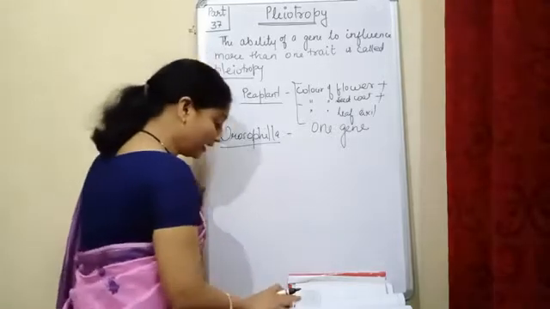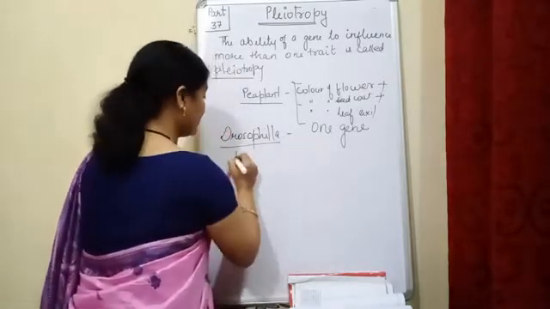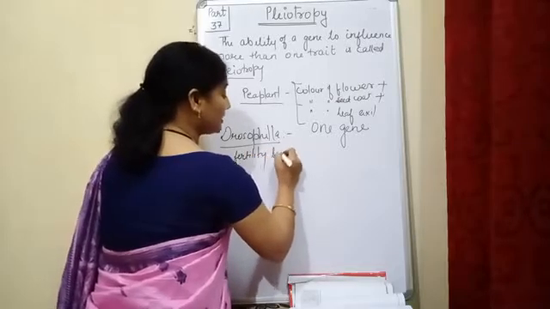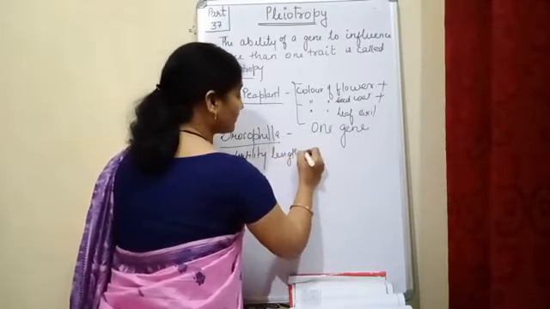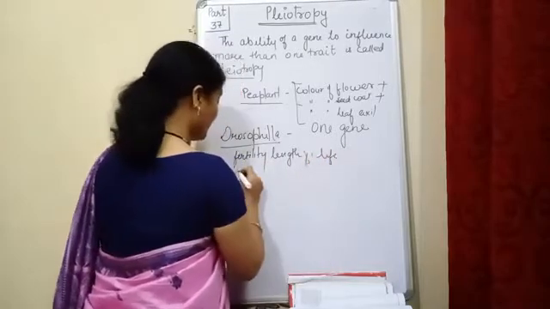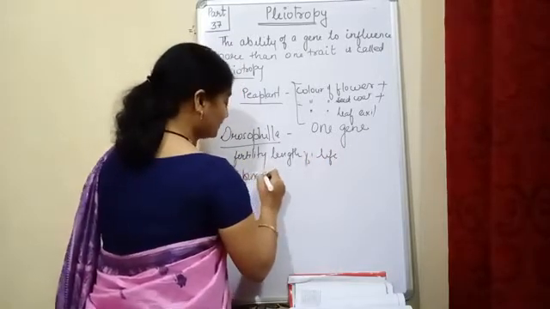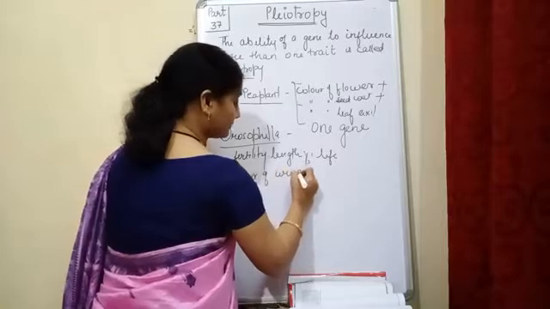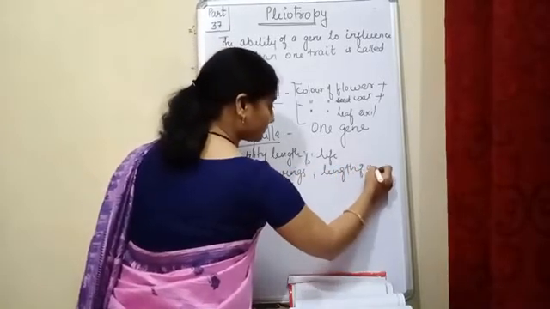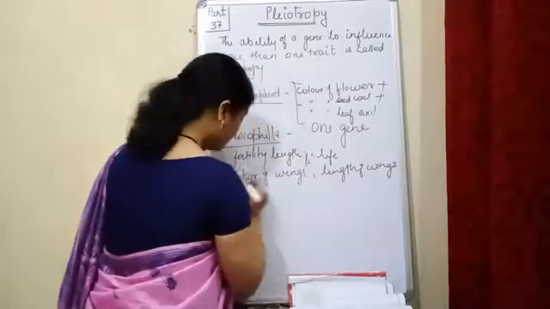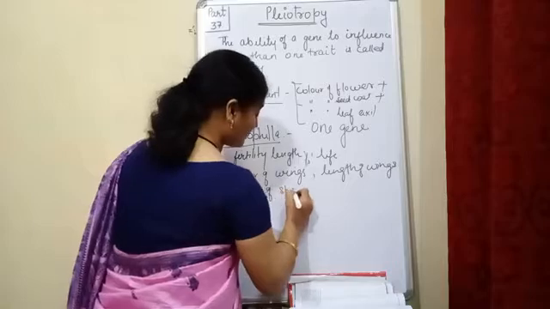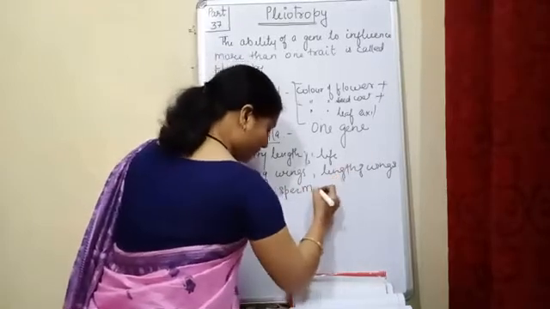Now see what the things are: fertility, length of life, color of the wings, length of the wings, shape of spermatheca.